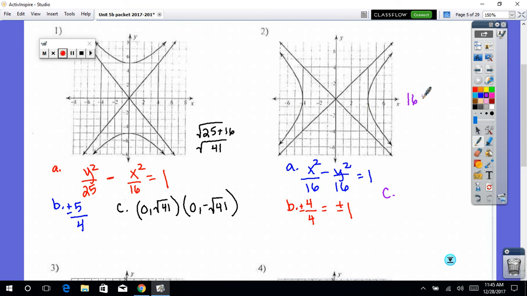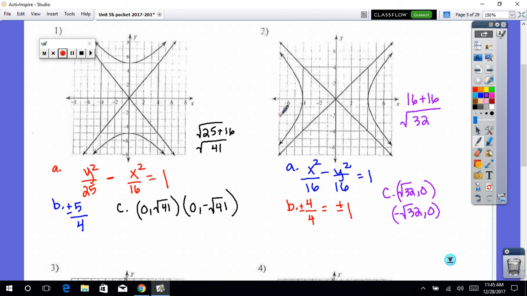Okay, we have 16 plus 16, which gives you the square root of 32. Okay, so we have positive square root of 32 with a y of 0, and negative square root of 32, also with a y of 0.